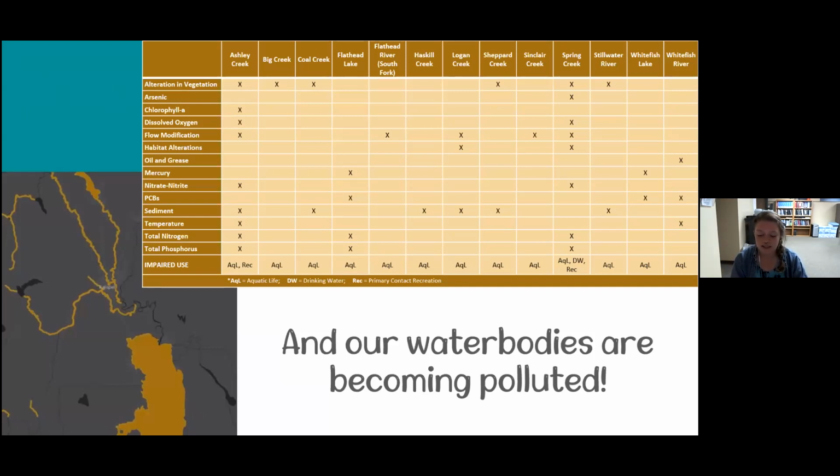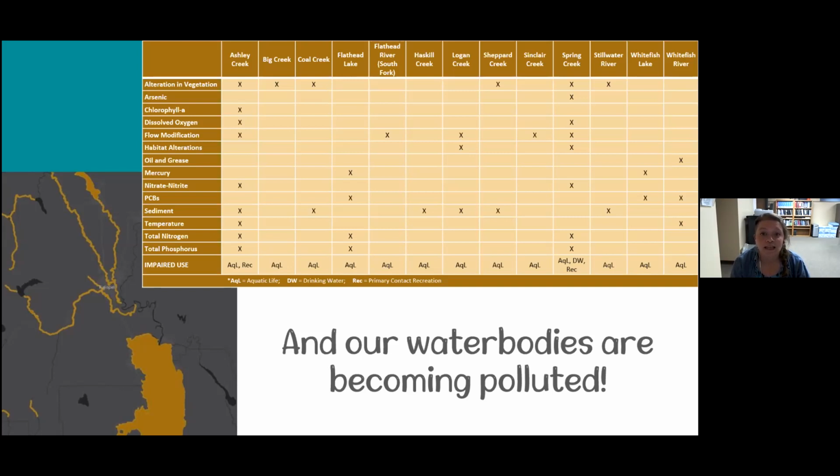So if you take a look at this table here, across the top, you can see the names of some of our local water bodies. We have Ashley Creek, Flathead Lake, Flathead River, Spring Creek, Stillwater River, tons of local water bodies, and they all are experiencing types of pollution. And if you look down along the side here, you'll see the different types of pollutants that each water body is experiencing.